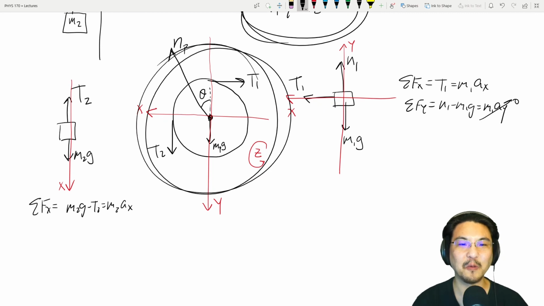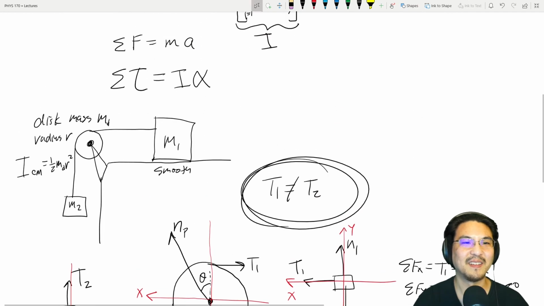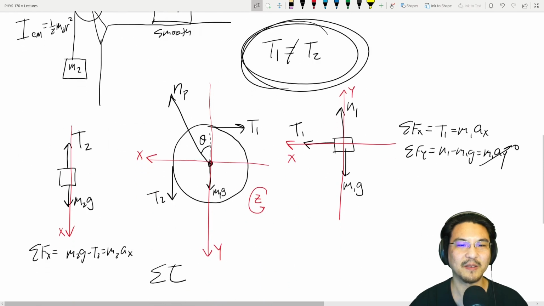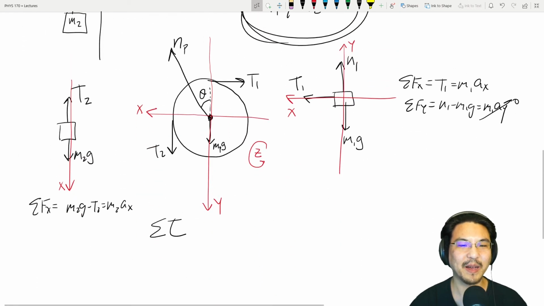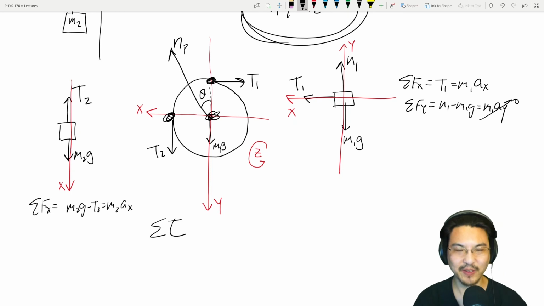Here's the new thing, the sum of torque, because let's practice using this brand new equation. This is Newton's second law for rotation. So sum torque about wherever you want. You can sum torque about here, or here, or here would be good choices.